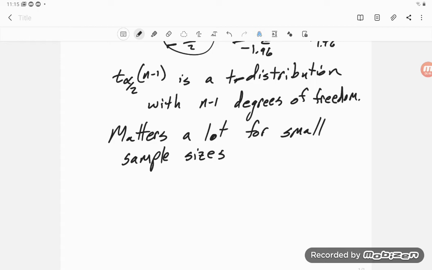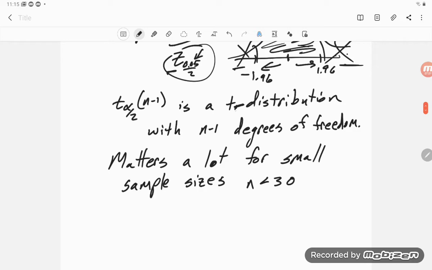Generally, in most textbooks, they would say n less than 30. Some might say 25, some might go up to 35, but somewhere around 30. So if I have fewer than 30 observations, using the t distribution instead of the normal distribution is pretty important.